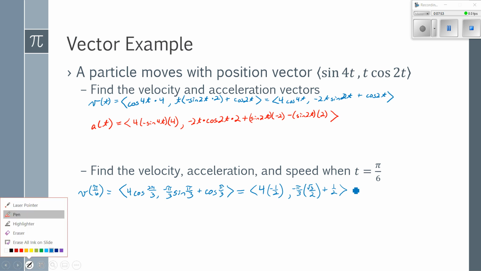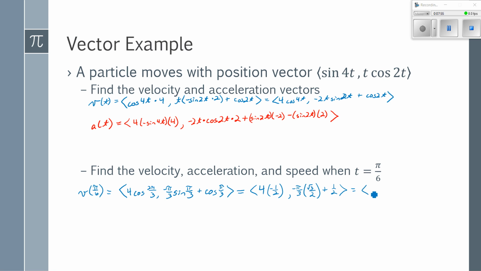Again, I can clean that up a little bit. So that's going to be negative 2, and then negative pi rad 3 plus 3 all over 6. I chose to make it all one fraction, but that's not a requirement there.